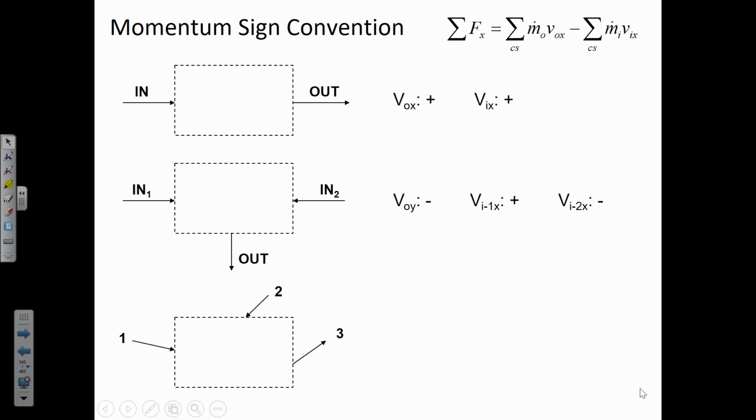Okay, so in the x direction, is it positive or negative? Positive, right, because it's pointing to the right. All right, so what about velocity in for stream 1 in the y direction? Negative, right, because it's pointing down. Good. All right, so stream 2.